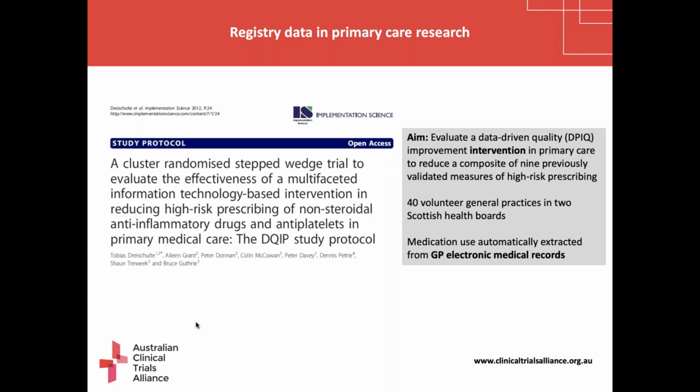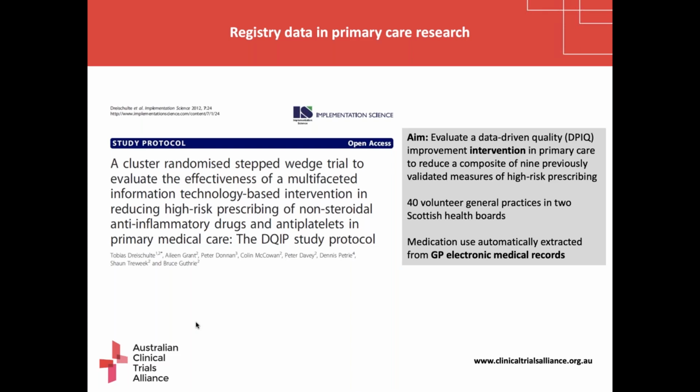So here's an example of a cluster randomized stepped-wedge trial in primary care that actually uses GP electronic medical records. The aim was to evaluate a data-driven quality improvement intervention in primary care. They used 40 volunteer general practices in 2 Scottish health boards, and they randomized them using a stepped-wedge design of 10 steps.